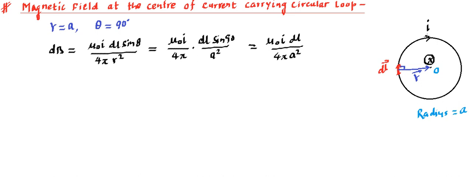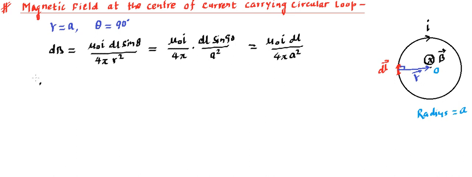But if you take this dl all along this complete current carrying wire, then at all locations you will find the B into the plane. So that means this will be the final direction of the magnetic field, and that direction is because of all the elements. So since the direction remains the same, hence we can say total magnetic field will be the sum of their magnitudes.